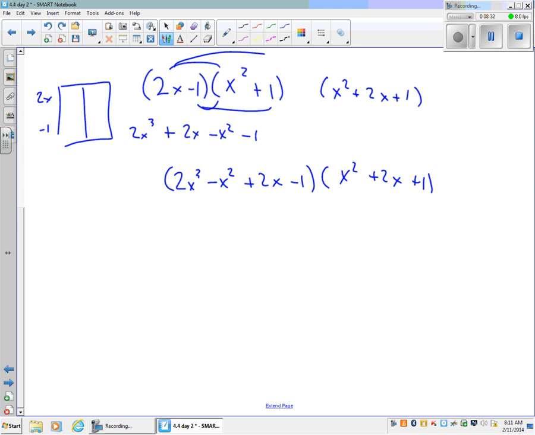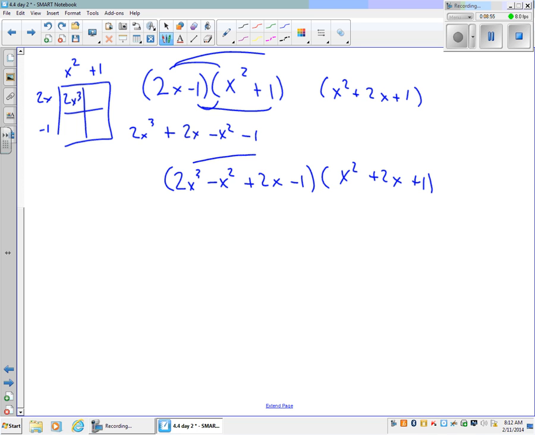You're creating 4 cells, and the other polynomial would go on the top, and you're multiplying here 2x times x to get 2x cubed, and you just fill in the box. You end up with these same factors here to simplify. So it's the same process as FOIL, just organized differently. I'm not going to finish that out.